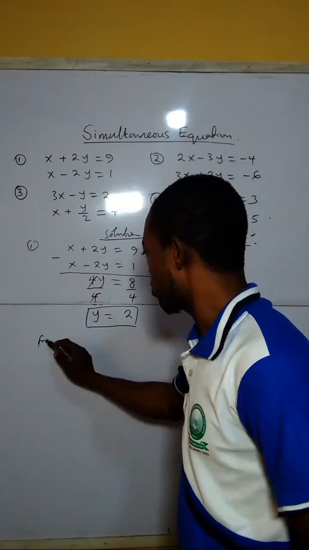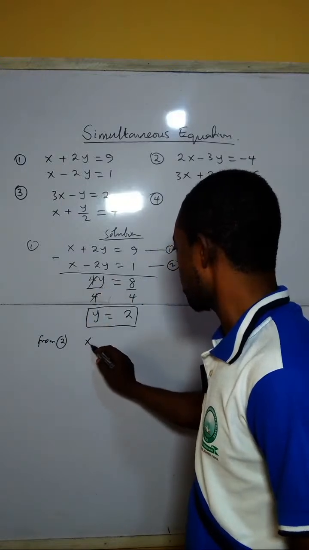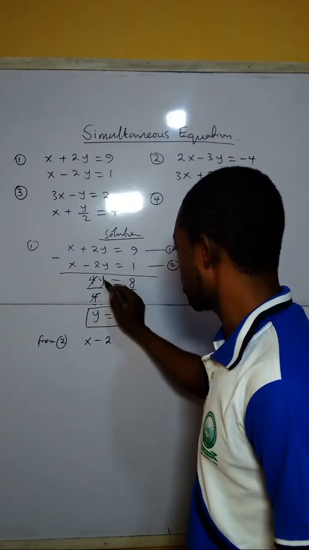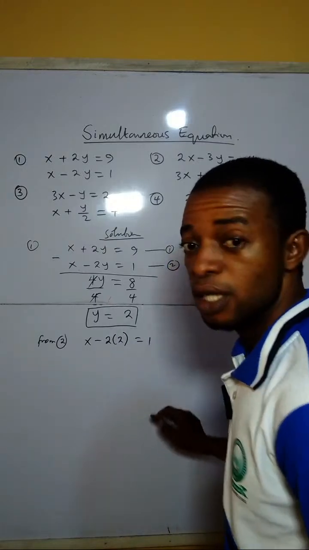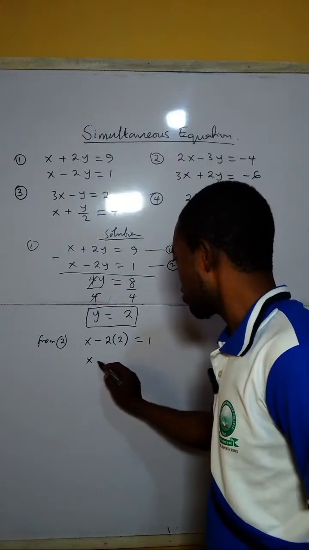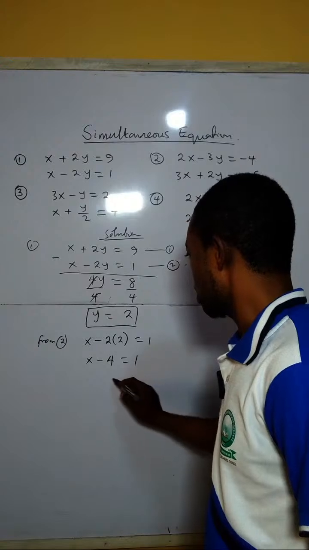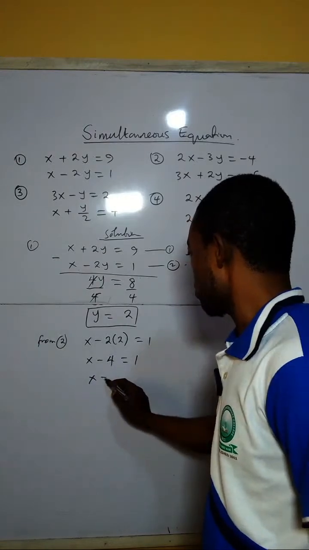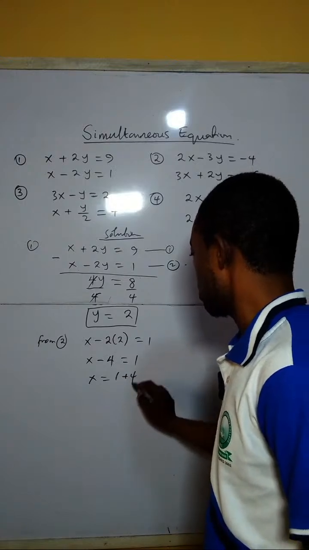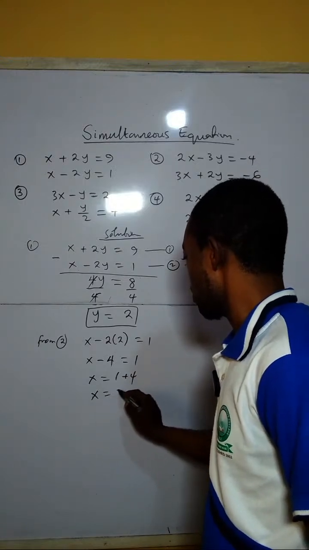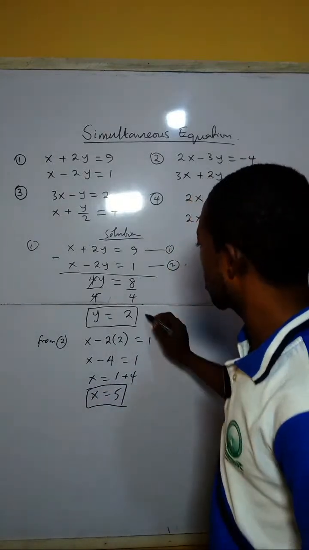From equation 2, that will become x minus 2 times 2, which is y, equals 1, which implies we have x minus 4 equals 1, which implies x equals 1 plus 4, taking minus 4 across becomes plus. Then x equals 5. And here we have x equals 5 and y equals 2.